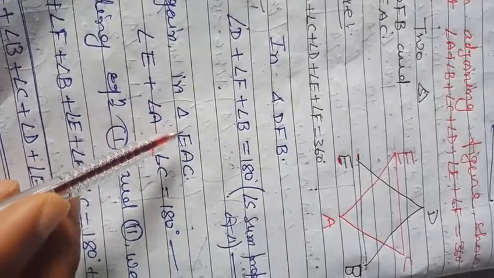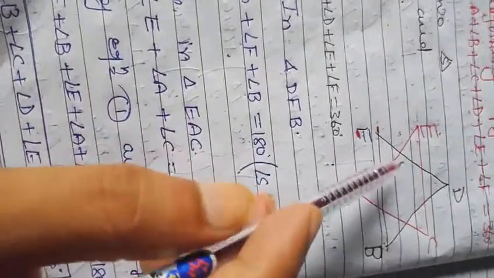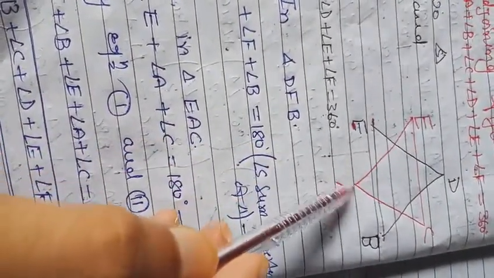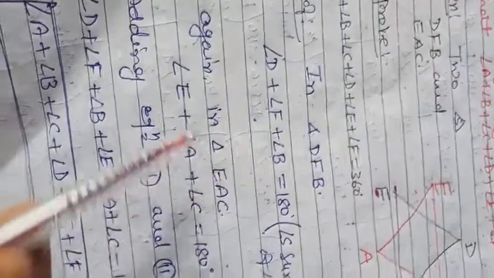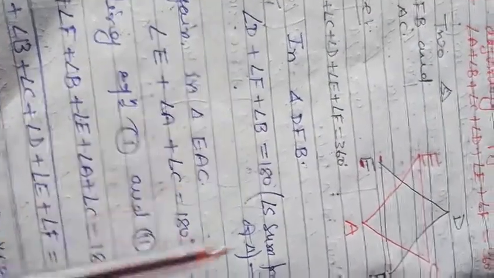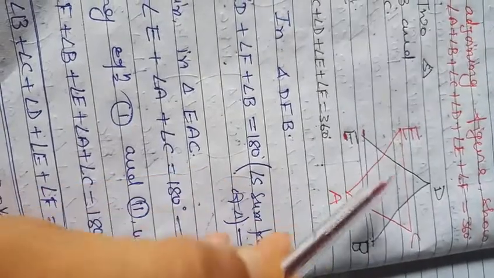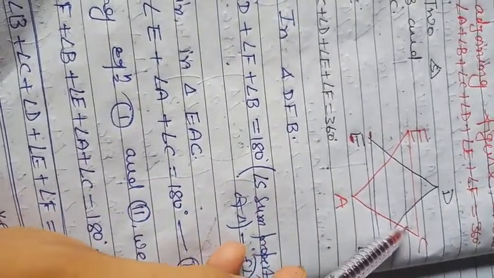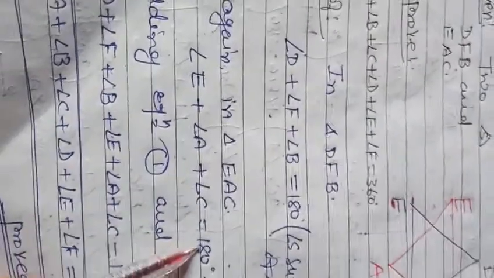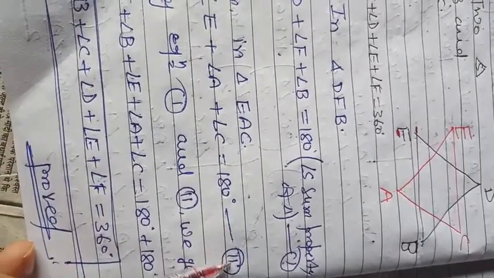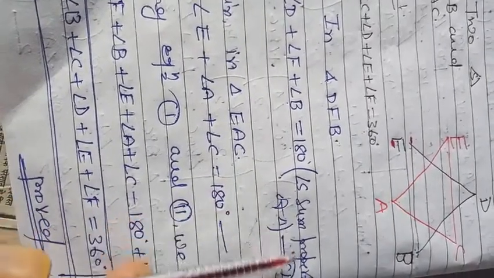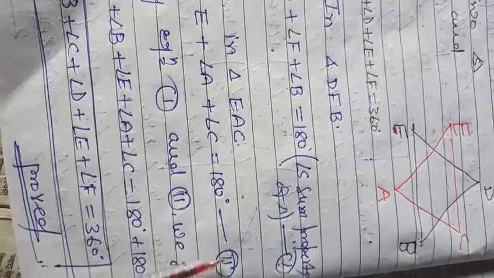Again in triangle EAC, angle E plus angle A plus angle C is equal to 180 degree, again by angle sum property of triangle, and this is equation second.